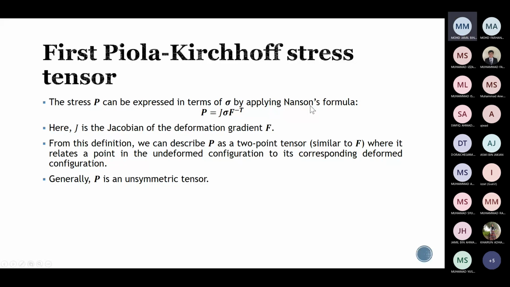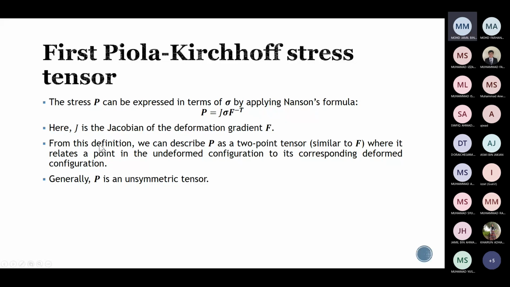Okay, so by derivation, using Nanson's formula, which we learned back in lecture number 3A but didn't use, we know that P, the first Piola-Kirchhoff stress tensor, equals J times sigma times F inverse transpose. J here is the Jacobian of F, sigma is the Cauchy stress tensor, F is the deformation gradient, and negative T is the inverse and transpose.